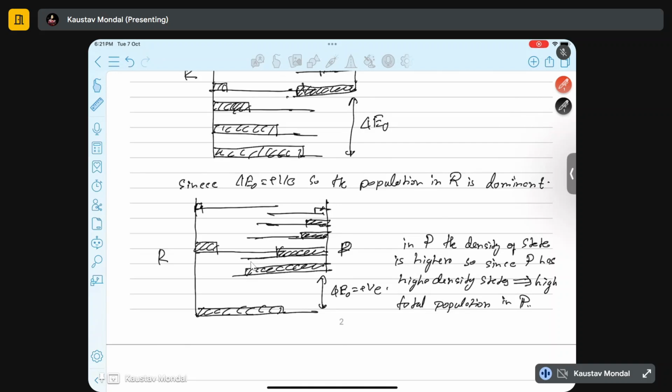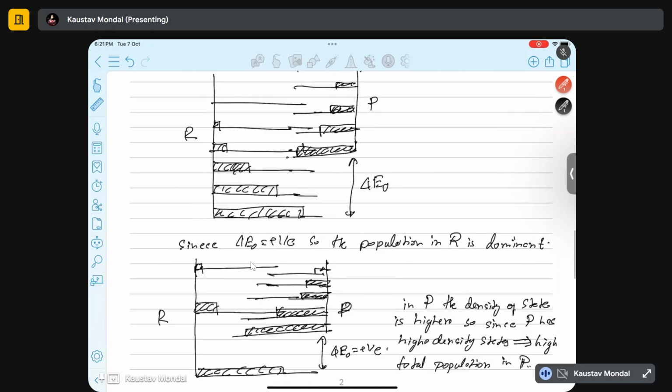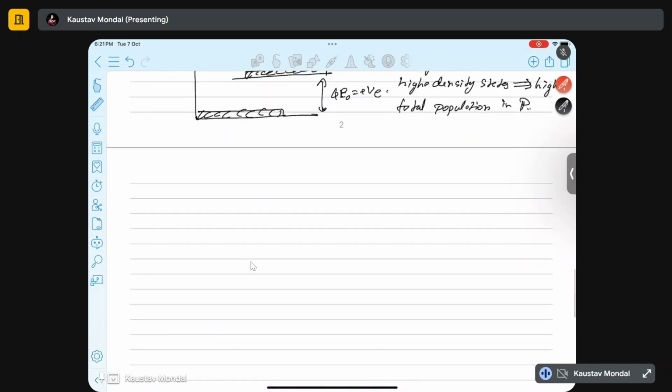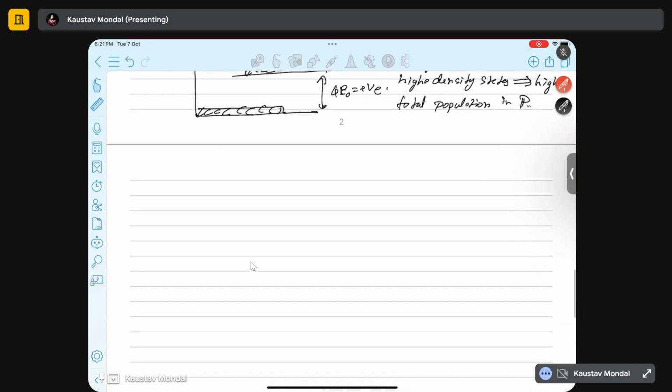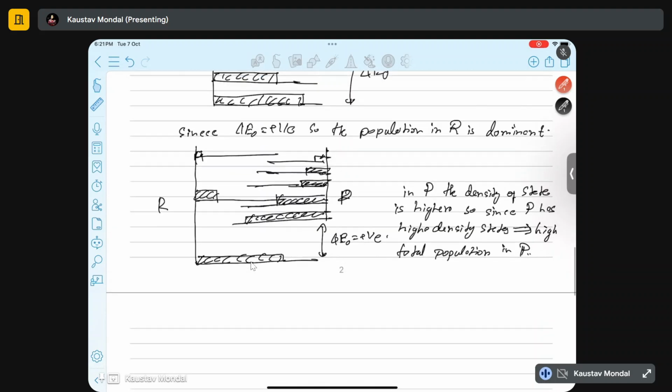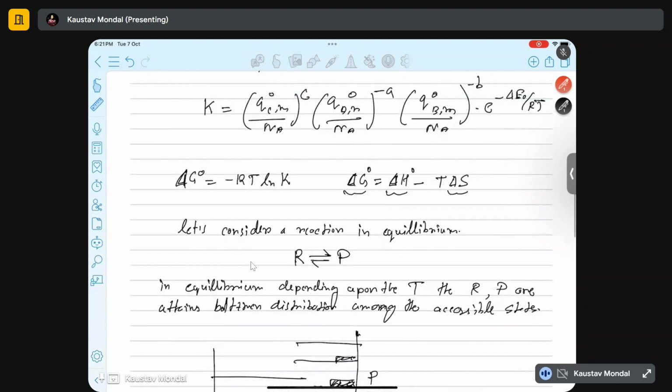Now what we can discuss is that the number of molecules in product and reactant states follows a certain rule. Before that, we started our discussion on the idea that, instead of changing delta G, if you know delta H and delta S, from that you can calculate the change in equilibrium constant.